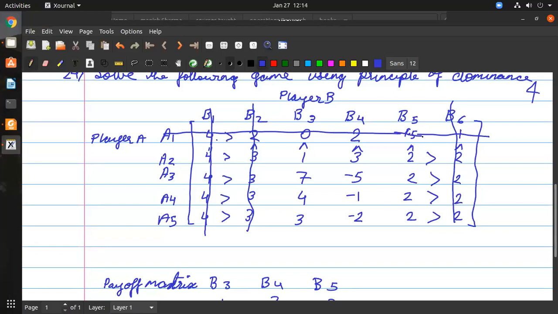If this got eliminated and you are remaining with this 2, then you can eliminate B6 or B5. It is up to you, but this type of case may never be there, so don't worry about it. For rows, if we have the same rows, then also you can eliminate any one.